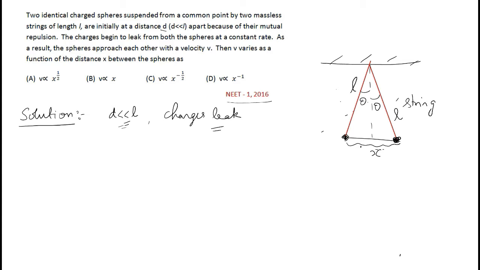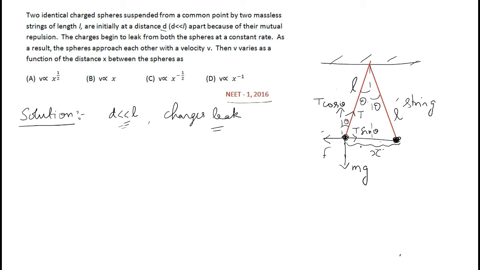This is the tension in the string. If this is theta, this also will be theta. So this is T cos theta. The other component here is T sin theta. There is a force of repulsion this way on this sphere under consideration, and the weight is acting vertically down.